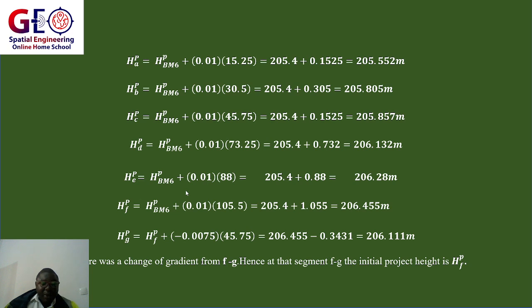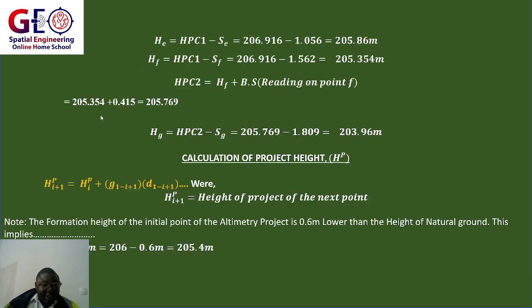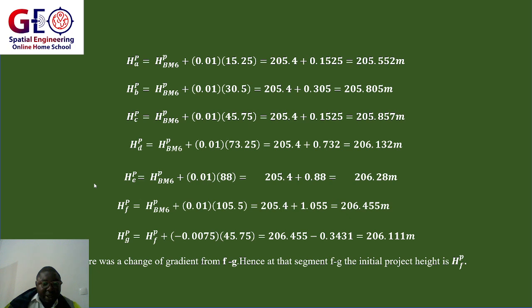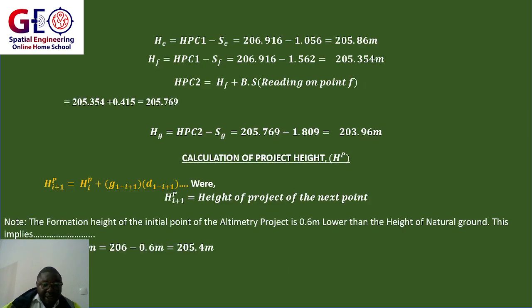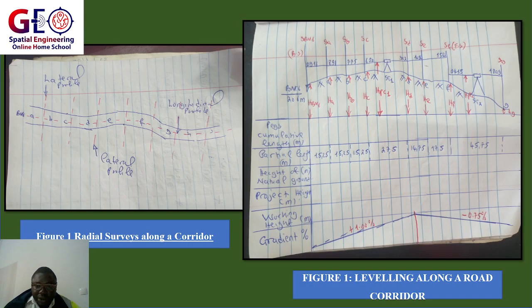If we apply that formula, the project height of point A will be the initial project height we calculated on BM6 plus the gradient on that segment. If we go there, we were told that the gradient was 1.00%.